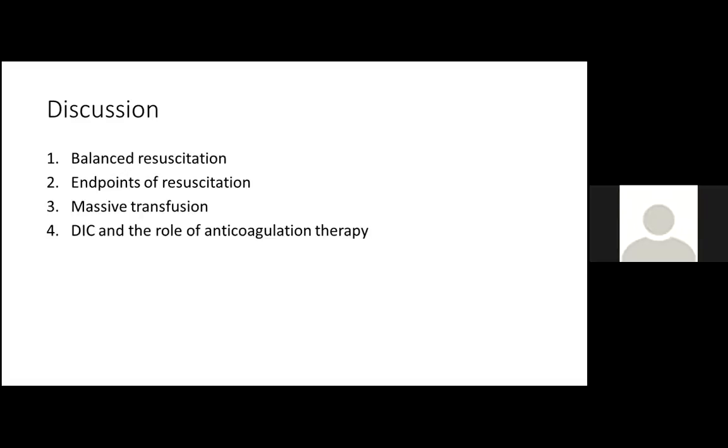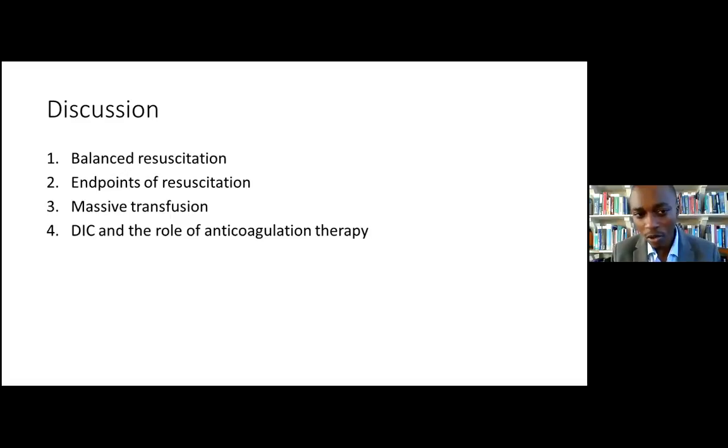Okay. I think it has to do with transfusion of blood components in the ratio of 1:1 in terms of packed cells, fresh frozen plasma, and platelets. Okay, I think that's more towards the massive transfusion protocol, where you give the ratio 1:1:1.